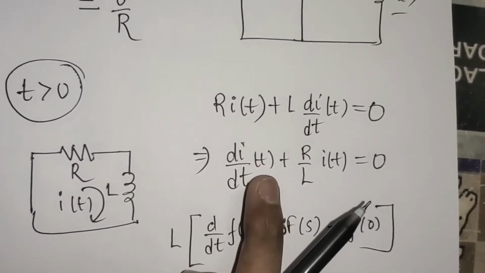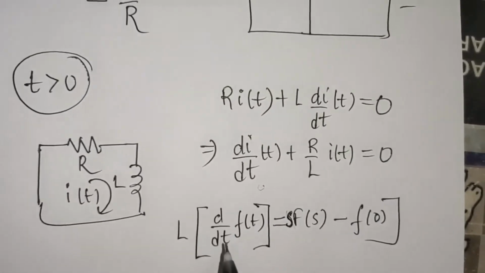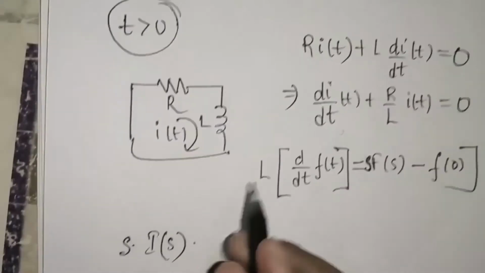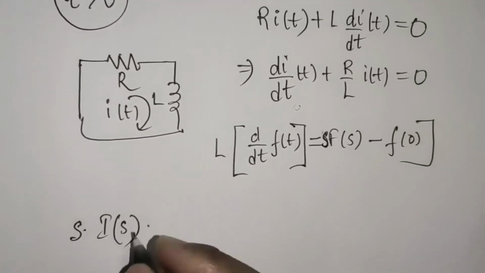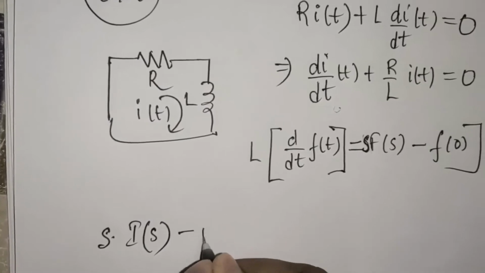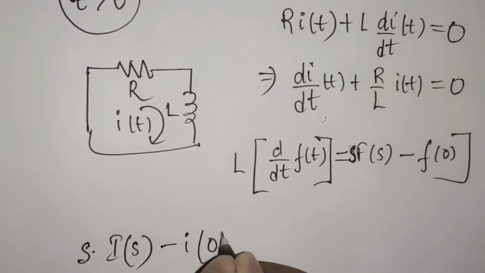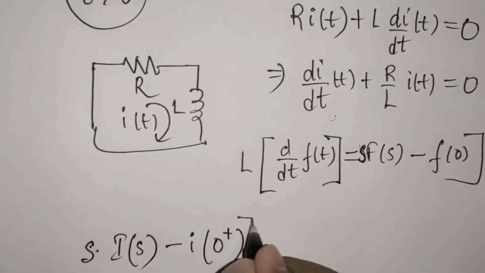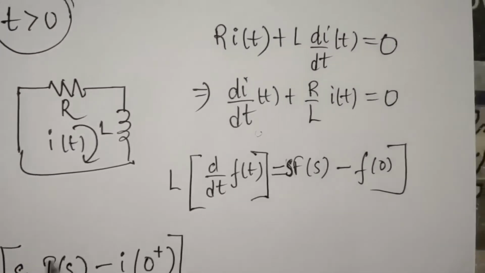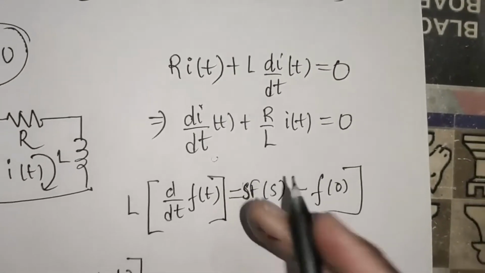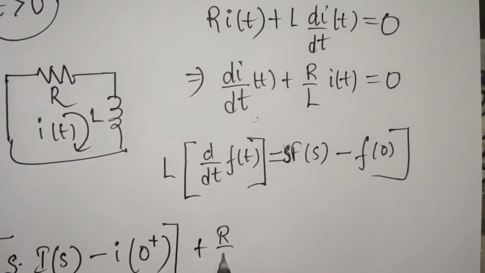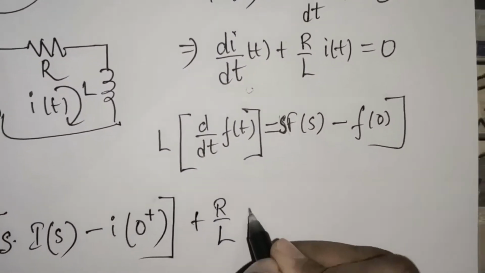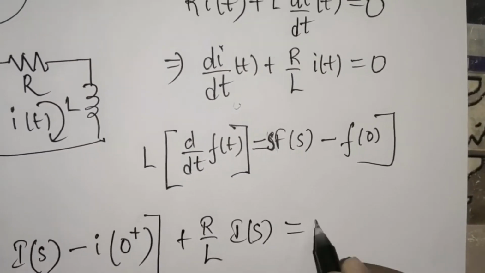So if I apply Laplace transform, I will get s into I of s minus I of 0 plus, since it is an initial condition, plus R by L into I of s is equal to 0.